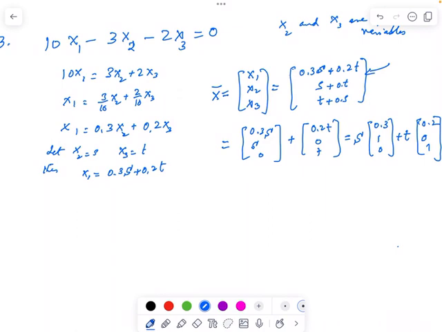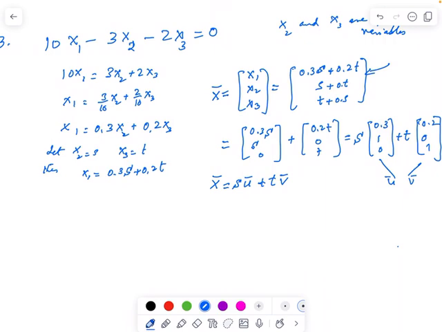They are some real numbers. Now this can be called u and this can be called v. So what are we looking at? We have written x is equal to s times u plus t times v. It means this is a linear combination of u and v vectors.